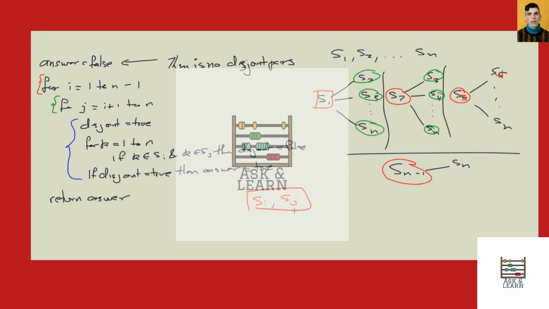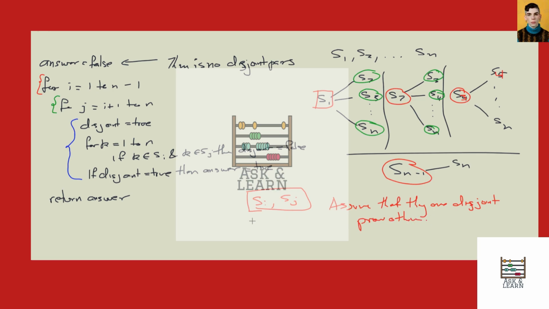Now to see if they are disjoint, we do something completely opposite. Isolating S1 and S2, what we do is assume that they are disjoint and prove otherwise.